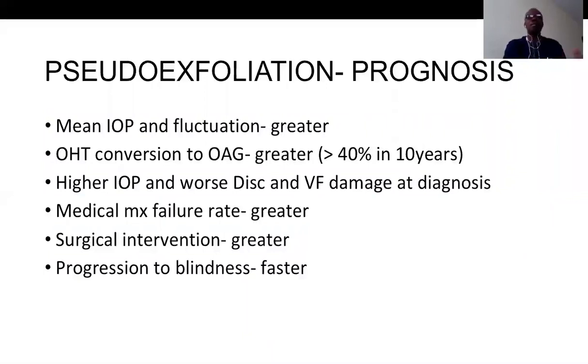Now, looking at the prognosis of pseudo-exfoliation glaucoma, generally, they tend to have a higher mean intraocular pressure and higher intraocular pressure fluctuation. Also, the rate of conversion from ocular hypertensive to glaucoma is greater in them, up to 40% in a 10-year period compared to primary open angle glaucoma.